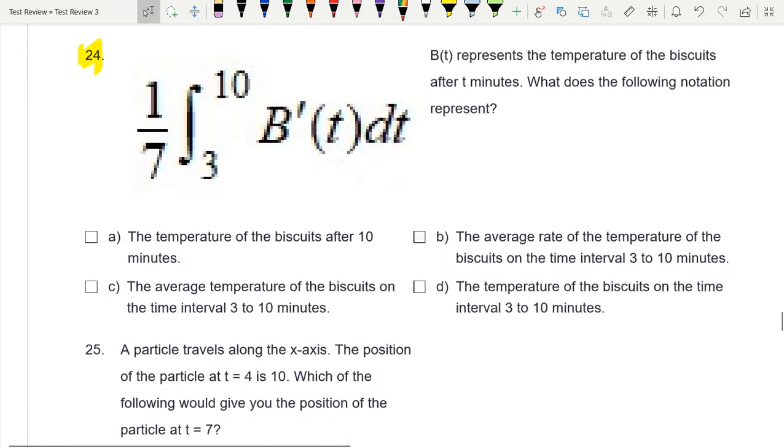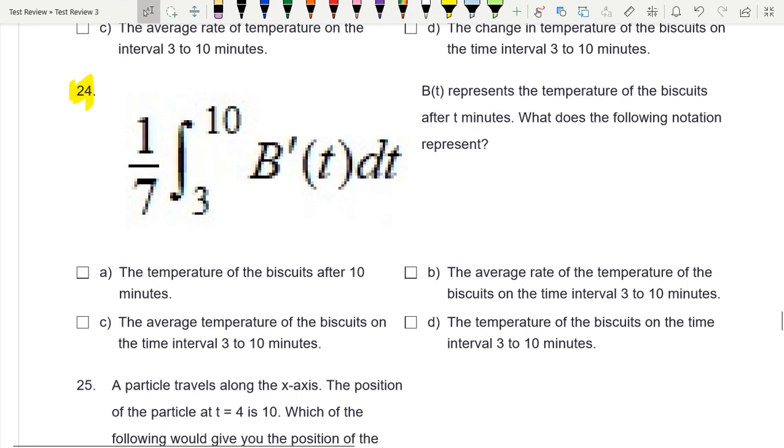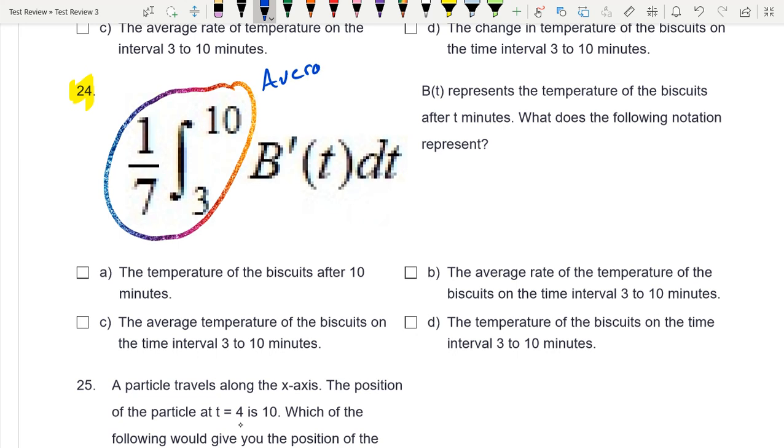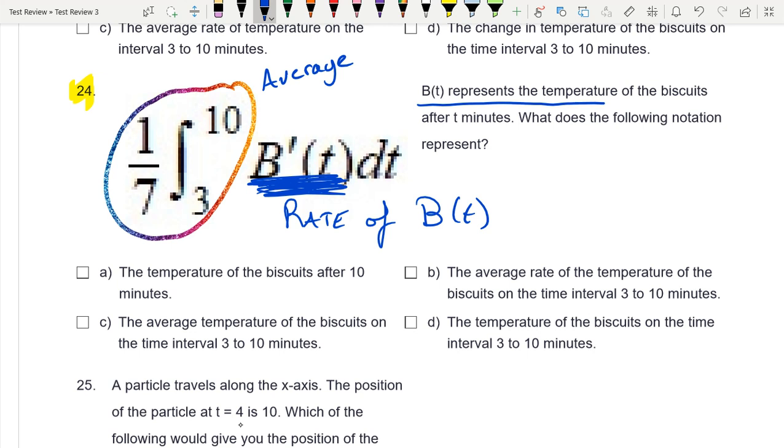Just looking at one of these, we did a pretty good job with this, but I want to make sure we understand what's going on. Remember this thing right here, that 1/3 over 3, that is going to find you the average of whatever is right here. So this right here is b prime of t, in other words, it's the rate of b. It says b of t represents the temperature of the biscuits.